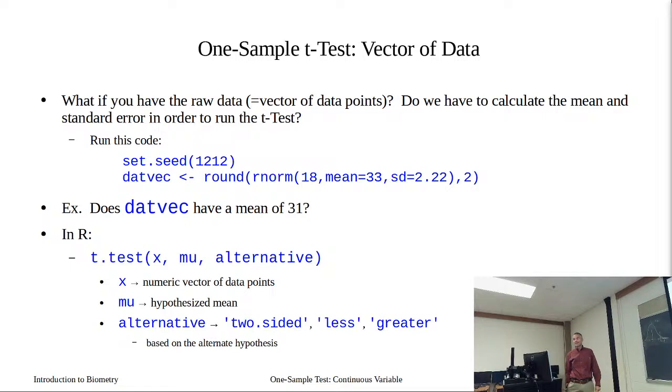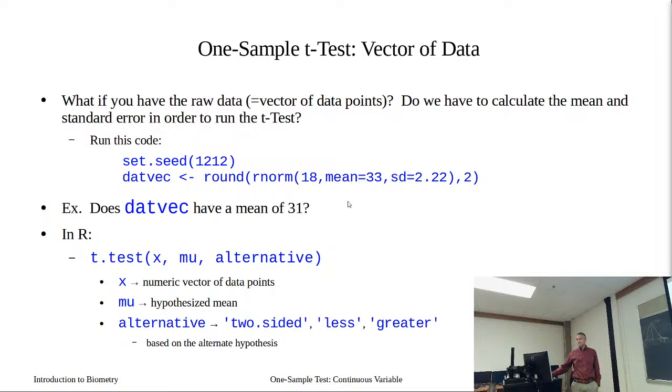How many? 18. All right. What's our normal distribution that it was drawn from? Mean of 33, standard deviation of 2.22. So that our vector should reflect this distribution.